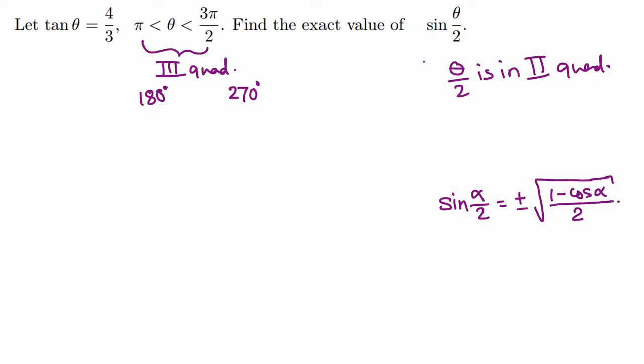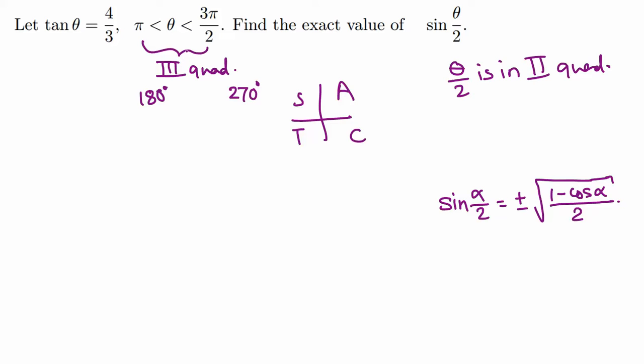And sine, we know from the quadrant rule, All Students Take Calculus, sine in the second quadrant will have positive value. And the formula is given: sine alpha over 2, in our case alpha is theta, equals plus or minus root of (1 minus cosine alpha) over 2.